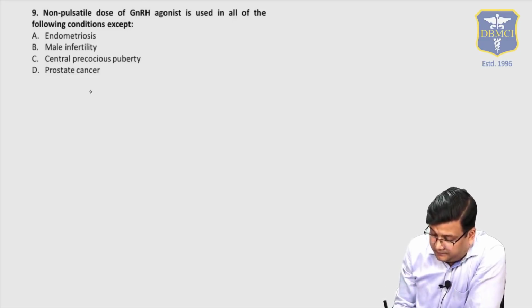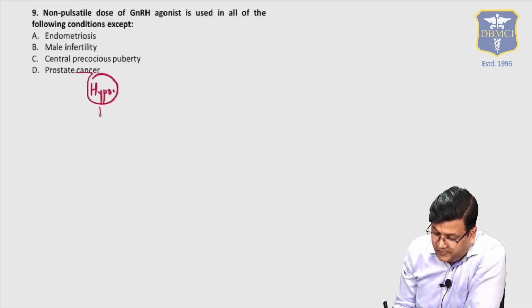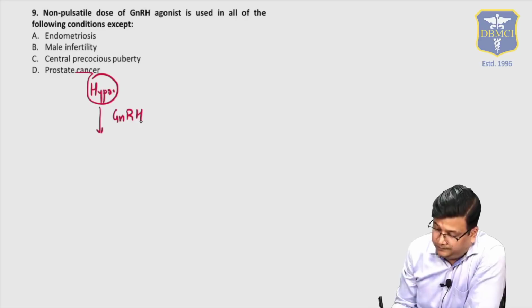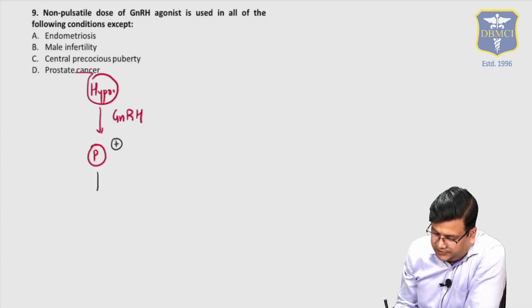So we have the hypothalamus in our central nervous system. This hypothalamus secretes GnRH, gonadotropin releasing hormone. These drugs come to the pituitary and stimulate the pituitary to cause secretion of gonadotropins, which are basically LH and FSH.